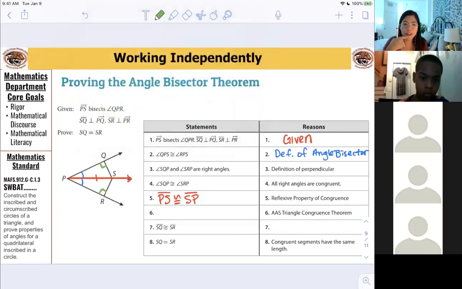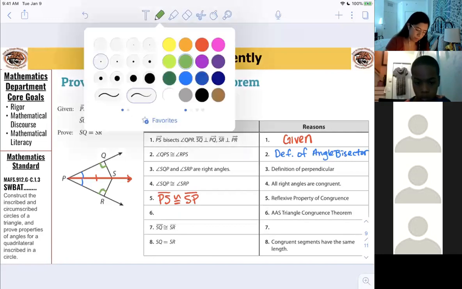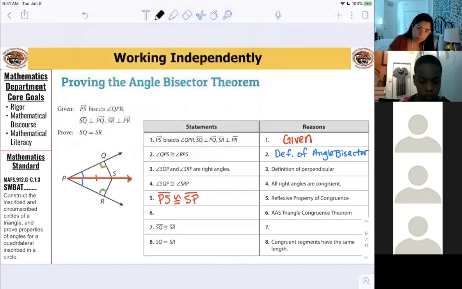So what statement can I now make about the triangles that I have? AAS. No, AAS is the reason, but what's the statement? Triangle QPS is congruent to triangle RPS.